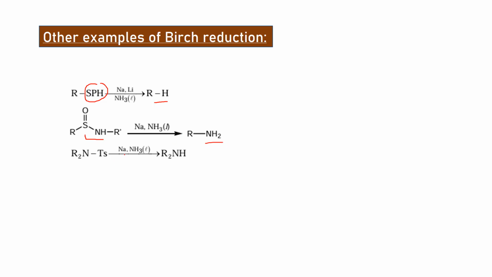Again, if we add sodium amide to this tosyl amide, this part will be removed and hydride will be incorporated in the system. So these are some special examples of Birch reduction. If we add this Birch reduction reagent to these types of special substrates, what will form? Do you have an idea?